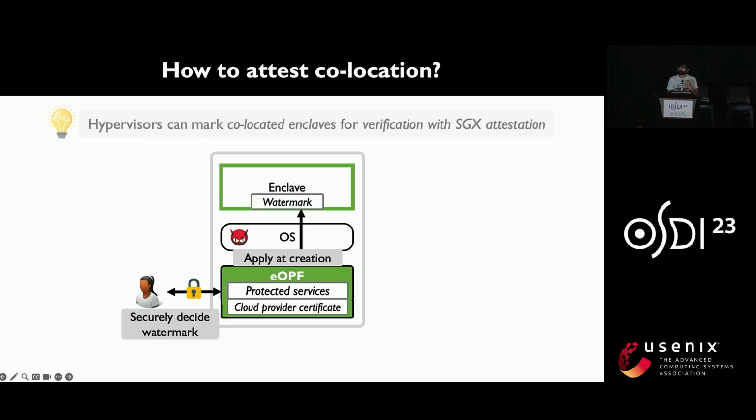For every enclave that is created on the machine by a specific user, the framework will apply the watermark into the memory region of the enclave during creation. And finally, a user can then use SGX attestation to verify that the watermark exists inside their enclave, and if it does, they're able to attest co-location.